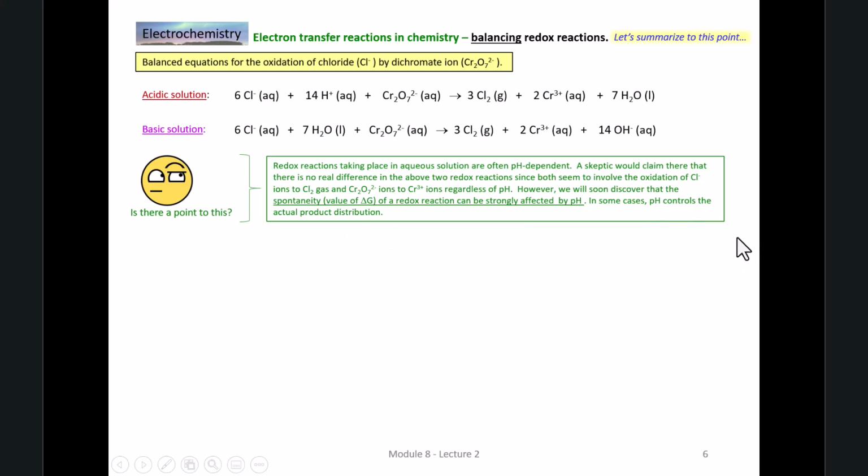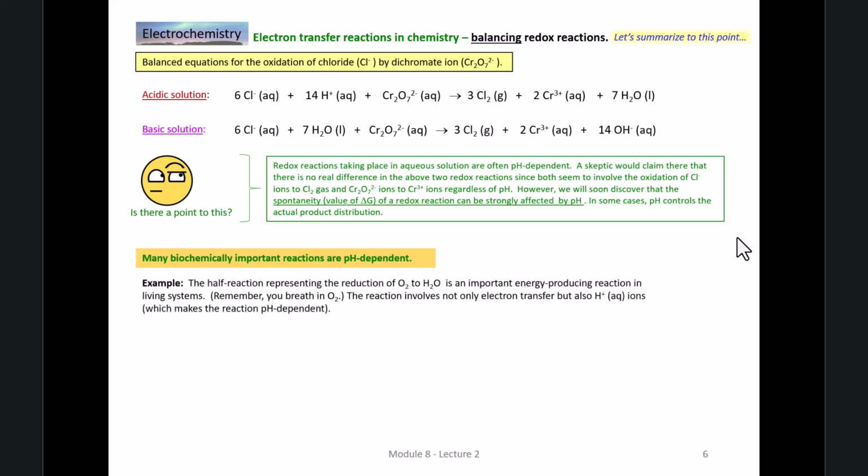So here's an example. Many biochemically important reactions are actually pH dependent. The half reaction representing the reduction of oxygen to water is an important energy producing reaction in living systems. Remember, you breathe oxygen. The reaction involves not only electron transfer, but also hydrogen ions, which makes the reaction pH dependent.